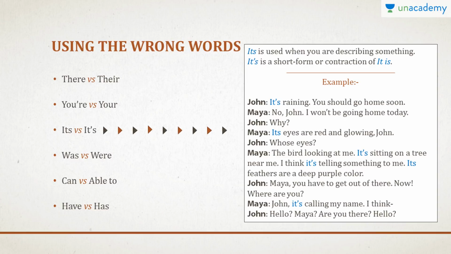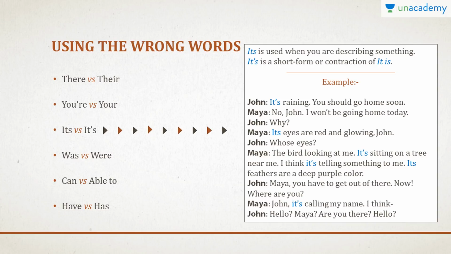Maya says, the bird looking at me. It's sitting on a tree near me. I think it's telling something to me. Its feathers are a deep purple color. John says, Maya, you have to get out of there. Now. Where are you? Then Maya says, John, it's calling my name. I think. Then John says, hello, Maya, are you there? Hello?